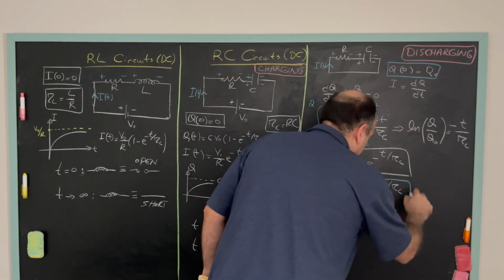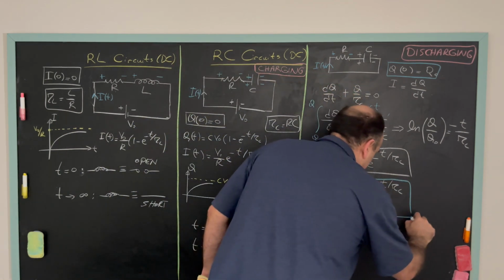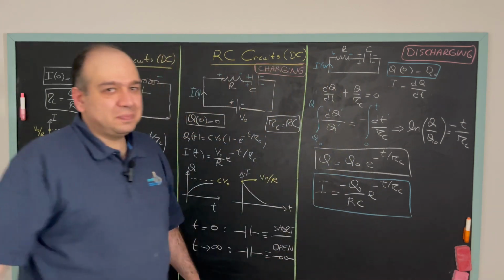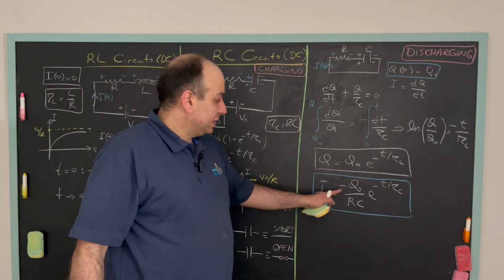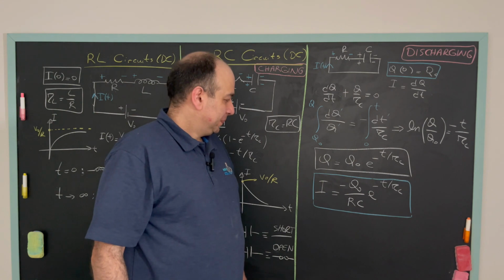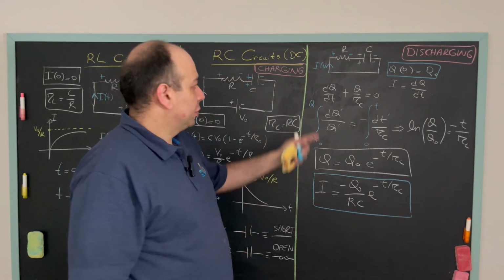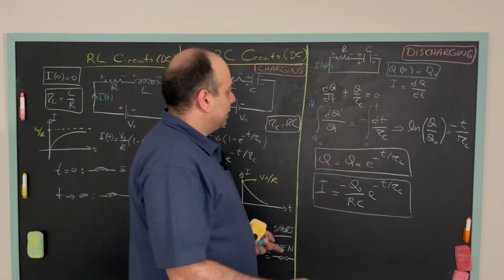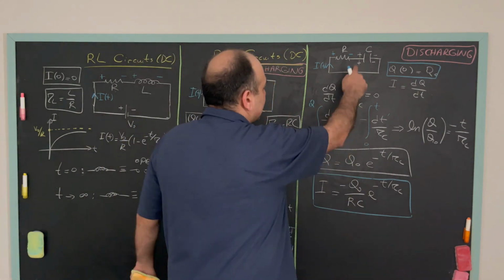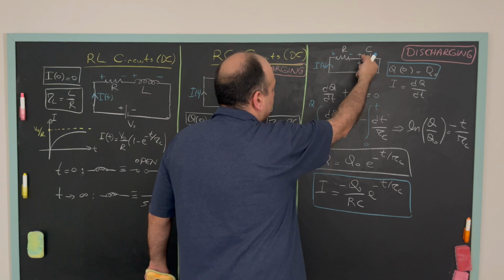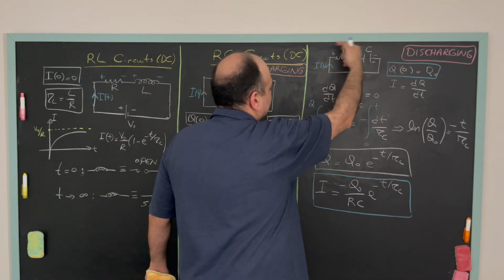So this is how the current changes with time. Why do I have a minus sign? Any ideas? Okay, this tells me that the direction I picked for the current is wrong. So as you may all guess, since this side is positive, this is negative, the current is going to run through like that, right?